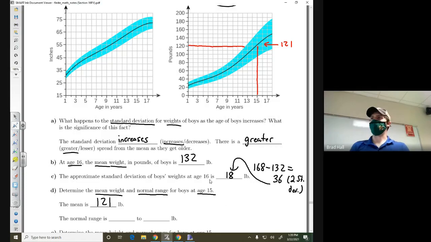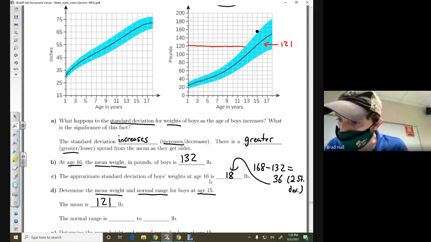And then the normal range. So now the range is implying that they want the lower value and the upper value. Lower value being down here, upper value being up here. They want those 2 values. And I would imagine in order. So let's try to figure that out.